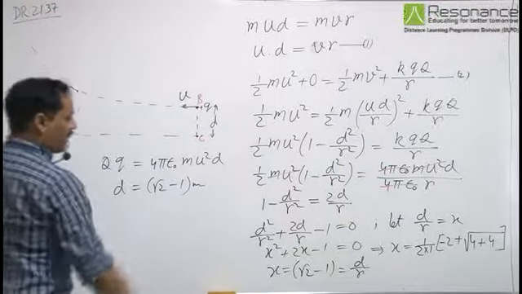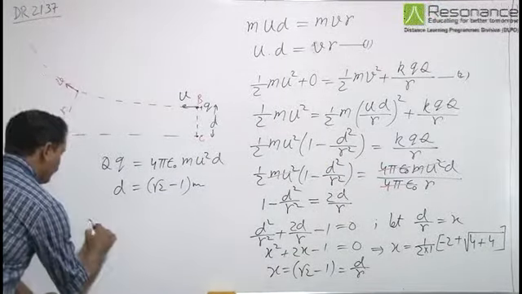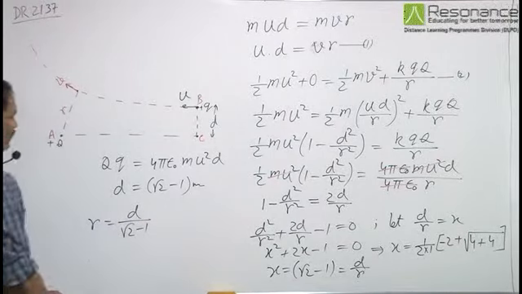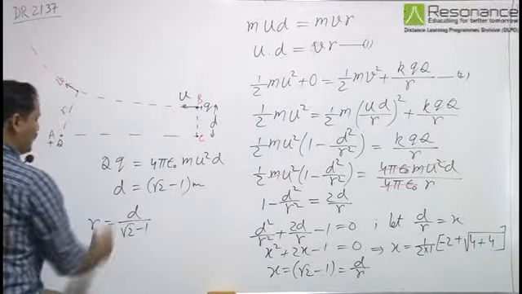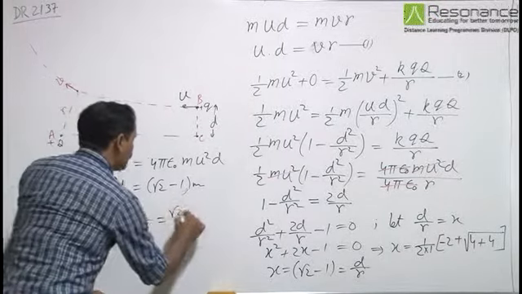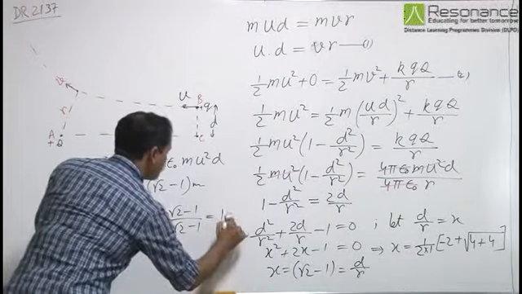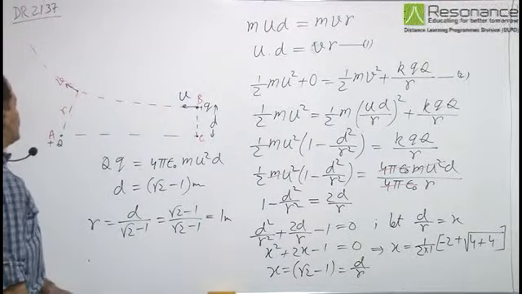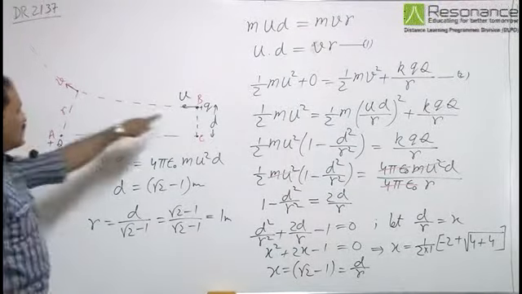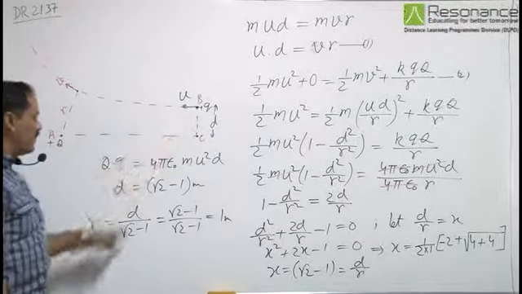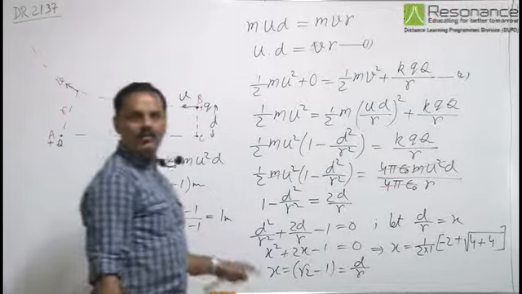So d by r is root 2 minus 1, or r is equal to d by root 2 minus 1. If I put the value of d as given, root 2 minus 1 by root 2 minus 1, this is equal to 1 meter. So the minimum separation between these two charged particles, capital Q and small q, will be 1 meter.